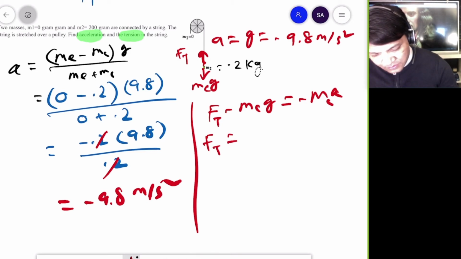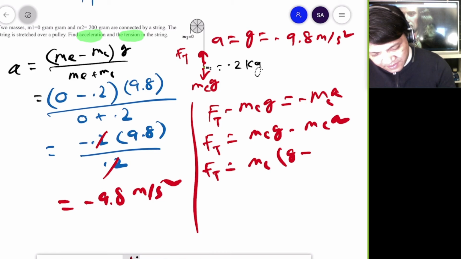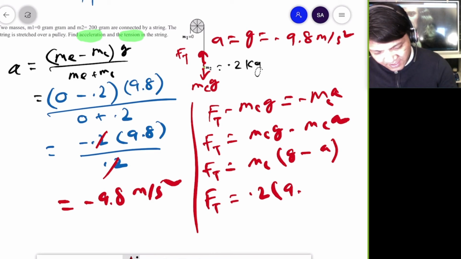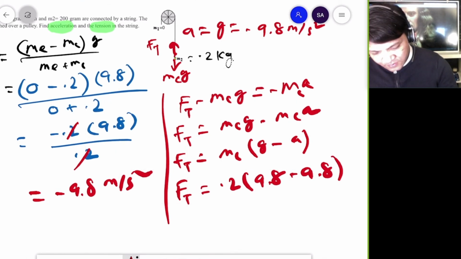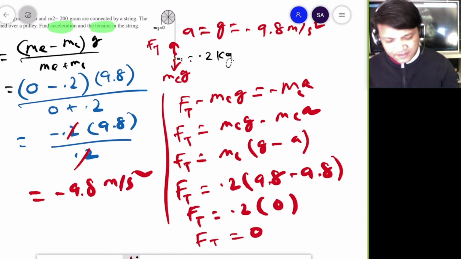So FT is equal to m2g minus m2a, so FT is equal to m2 times g minus a. m2 is 0.2, g is 9.8 minus 9.8, so FT is equal to 0.2 times 0, so FT is equal to 0. We expected that the tension force on the rope is 0 because the object is in free fall, so there is no tension force. That's why the apparent weight loss is 0.2 kilogram. The person will feel weightless.